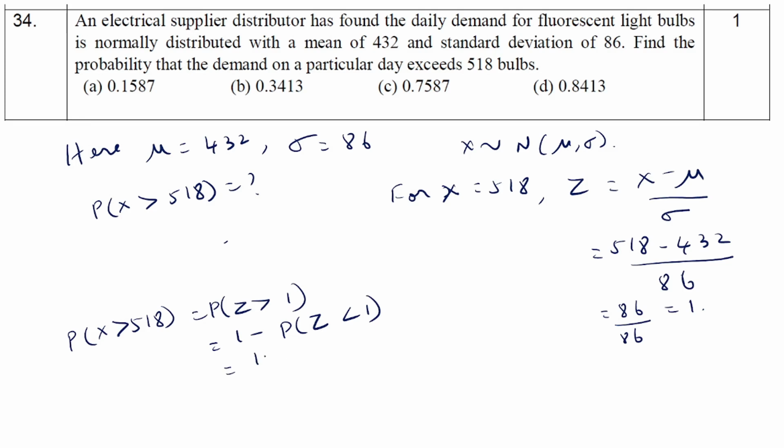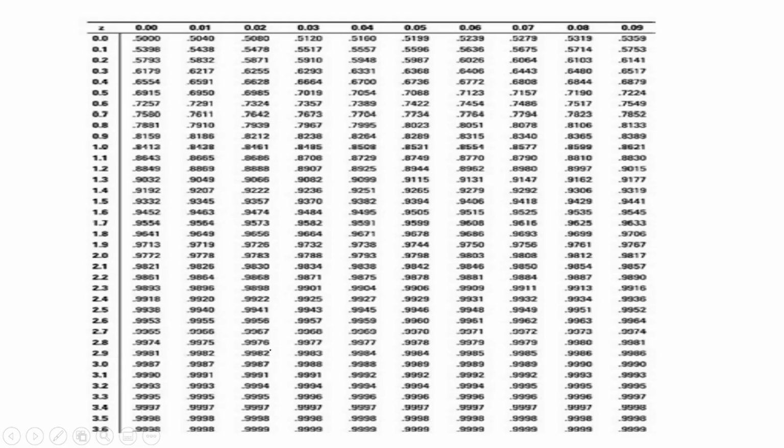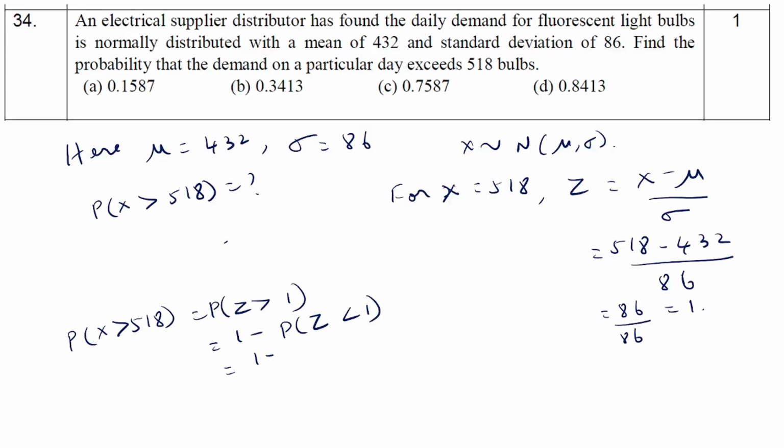Let us see the z-score table. Probability of z less than 1 is 0.8413. So it is 1 minus 0.8413, which is equal to 0.1587. So the correct option is option A.